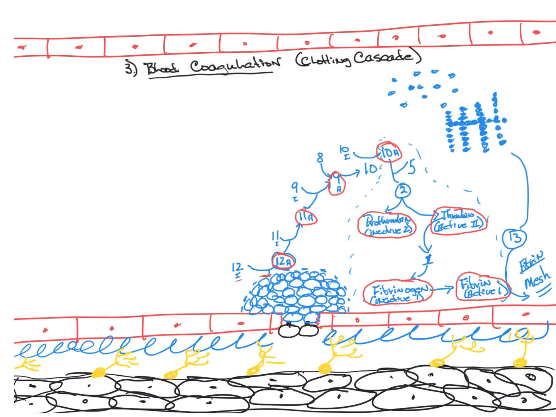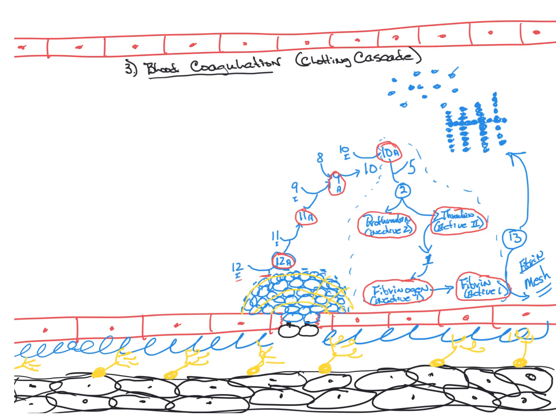Factor 13 then comes into play. This would be normal fibrinogen, and it forms fibrin, which would be one long chain, and then when it comes in contact with factor 13, that forms it into this network of mesh known as a fibrin mesh. So if you draw this out, it forms a net over this clot.